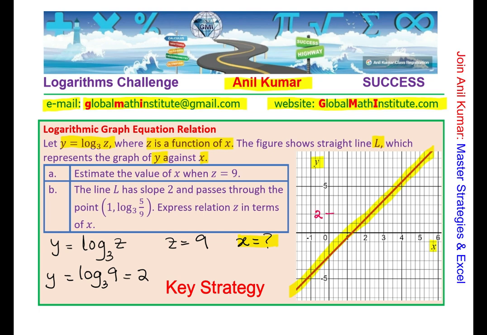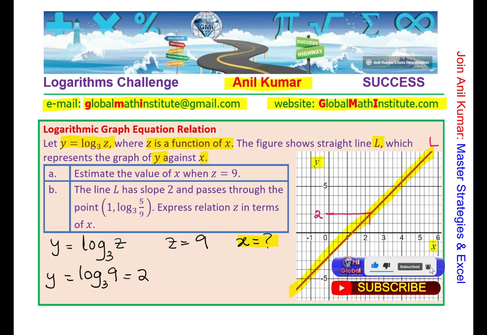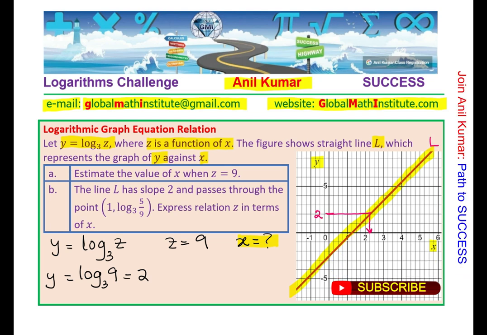To get the value of x, check the graph. The line L is given to you. So if you go along this line and then go down, you will get the estimated value. You can estimate this as, let's say, 2.3.